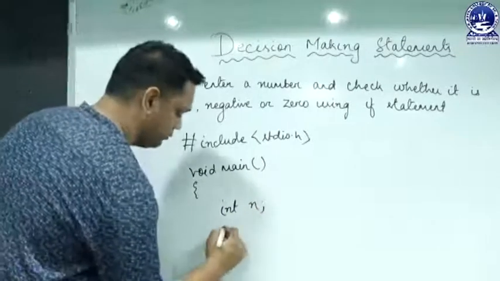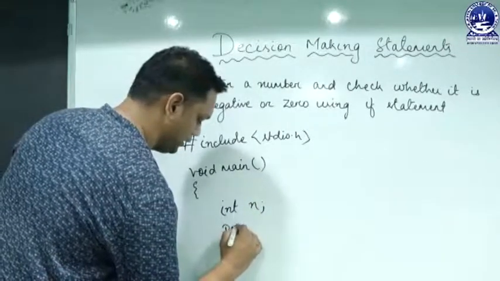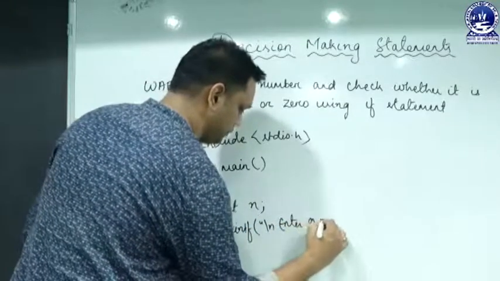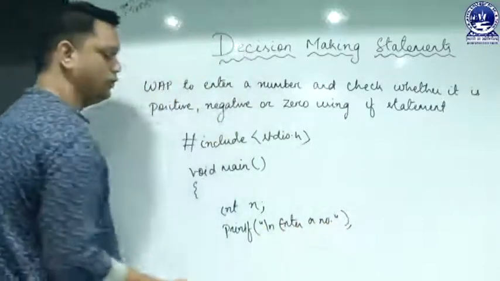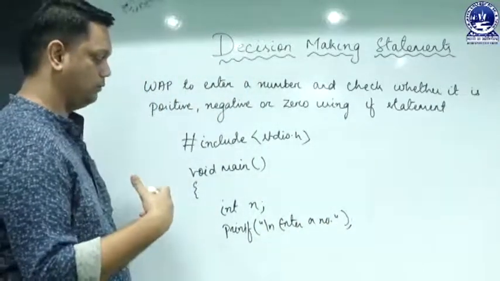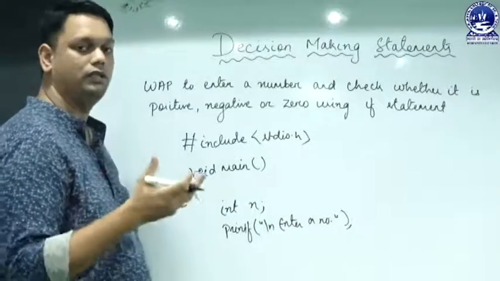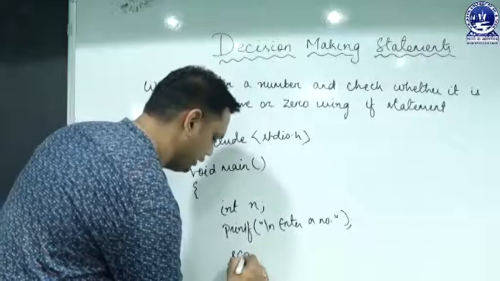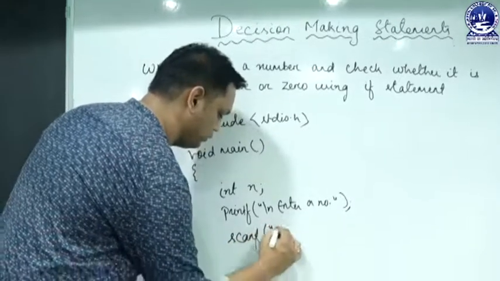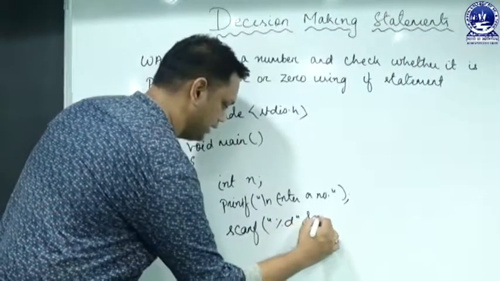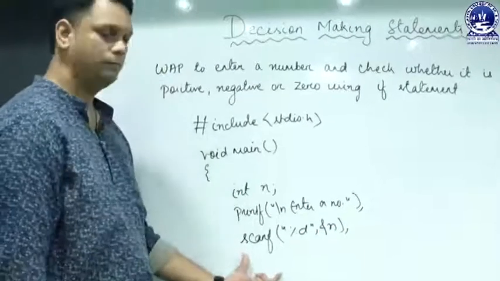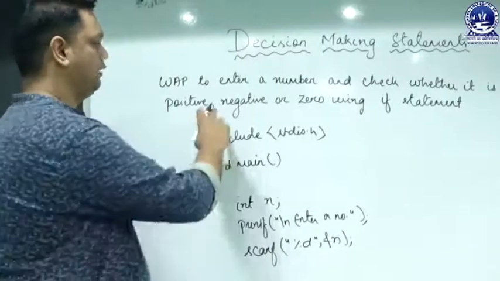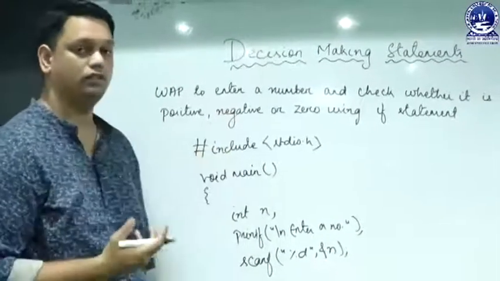I will print a message, printf enter a number, so that it will be easy for the user to check what type of value he should enter. Next, to enter a value we need scanf, with the format specifier %d, which is the structure of a scanf function.